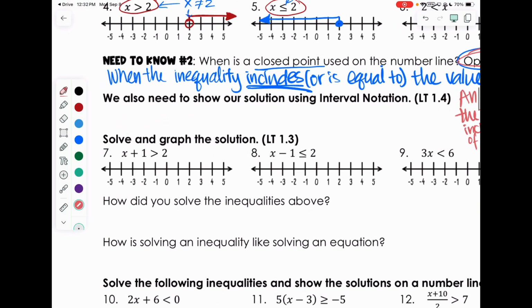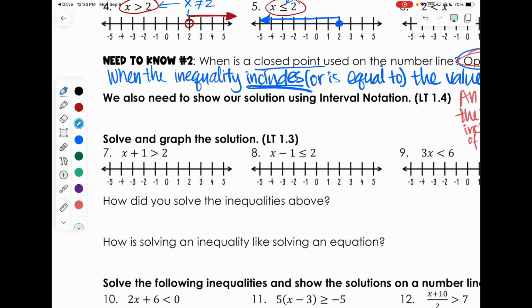Okay. So how do we solve and graph this? If I have x plus 1 is greater than 2, you treat it just like an equation, but you keep the inequality sign. Okay? So what's my very first step here?